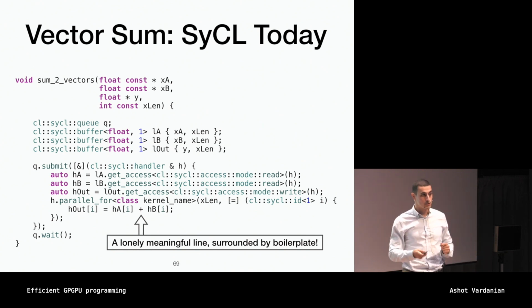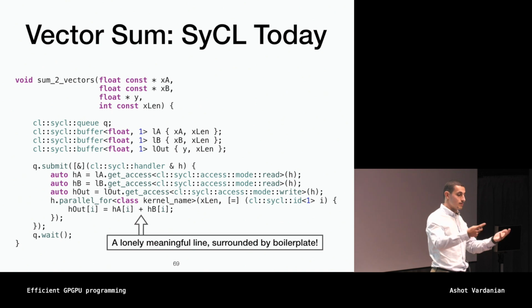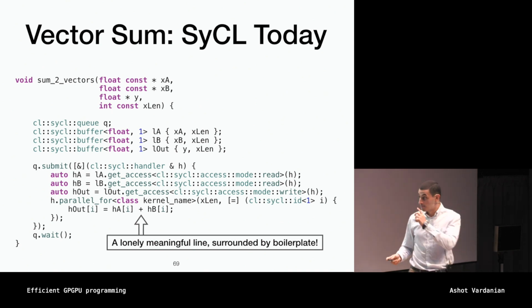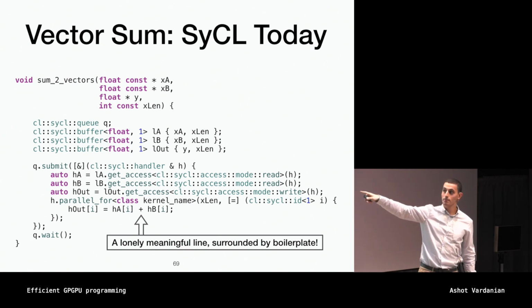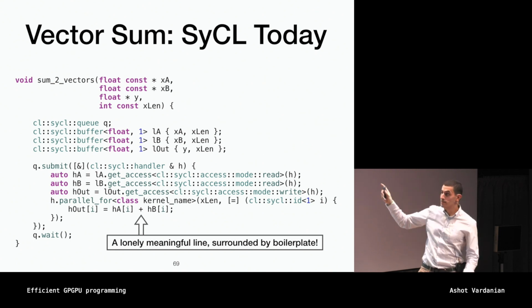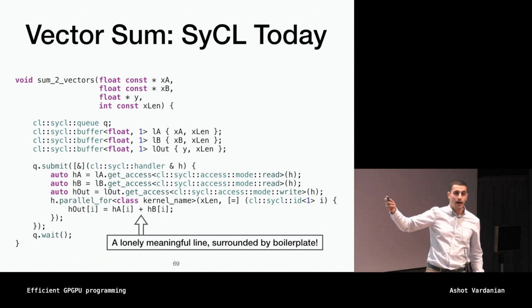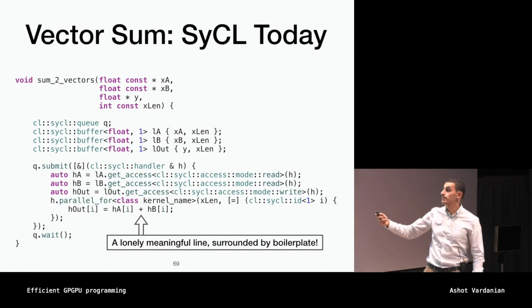So to run this code, you actually need a compiler that understands which part of this huge lambda expression should actually be vectorized and parallelized on the GPU. And you see this one lonely line over here? It's like the only part that is meaningful. The rest is just boilerplate that specifies the buffers and the access patterns, if we are allowed to read or write into this buffer or not.